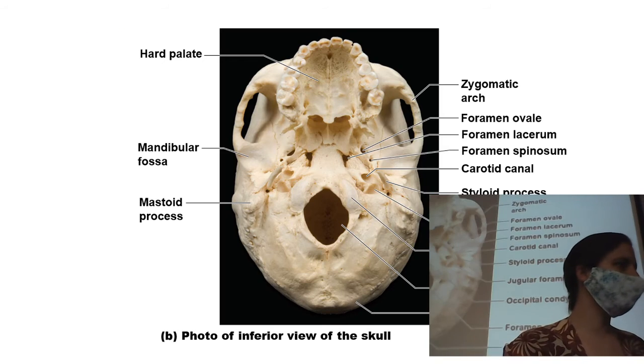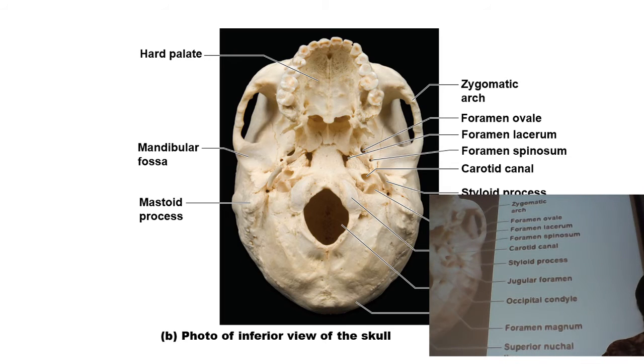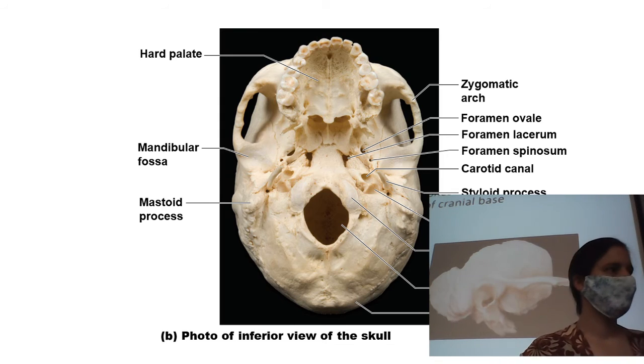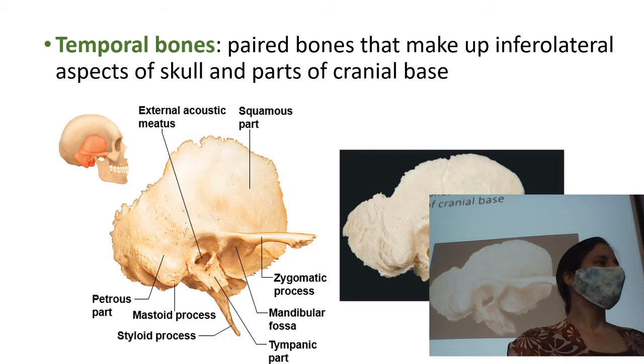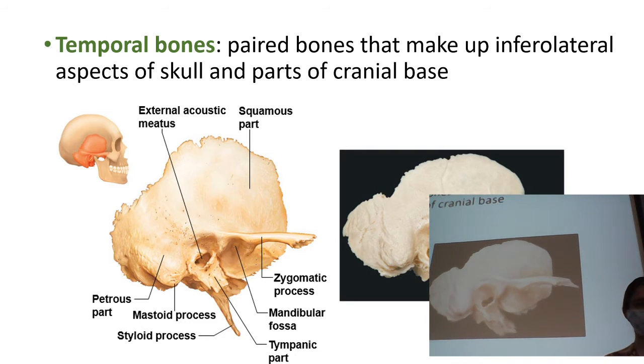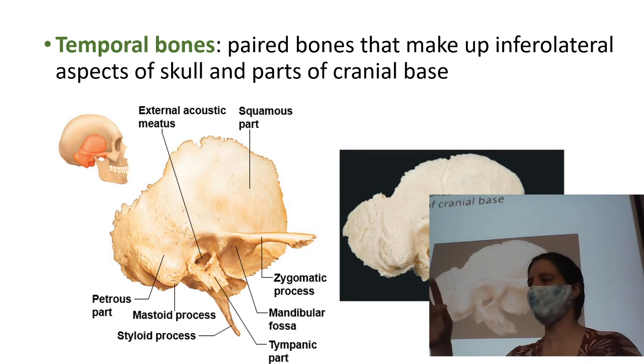Okay, so here's our picture again. We're right here looking at occipital bone. Temporal bones are a weird, funky shape. They're right here. Hopefully you can follow along with them.